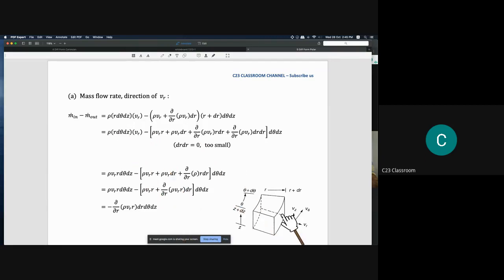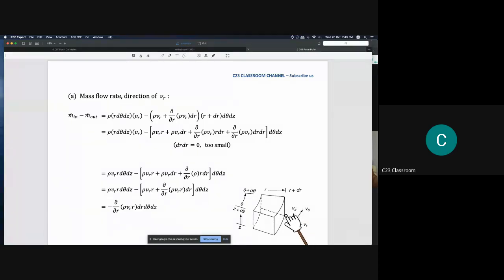For the outlet here, the length of this one is r plus dr times d theta, so we have r plus dr d theta as the area here, and then the height of this one remains dz.